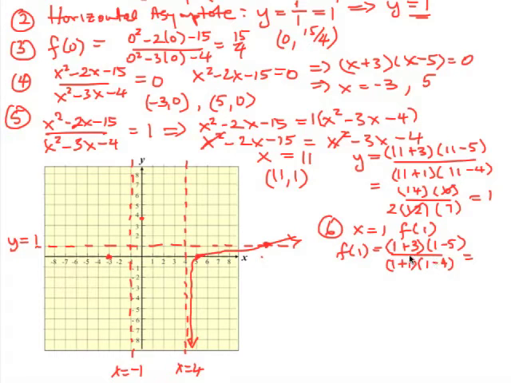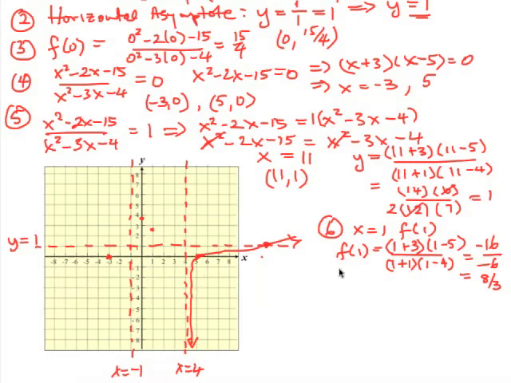And so this comes out to be, we have 4 times negative 4 is negative 16. And here I have 2 times negative 3 is negative 6, so I end up with 8 over 3. So 8 over 3 is about 2 and 2/3, so it looks like it's about here.